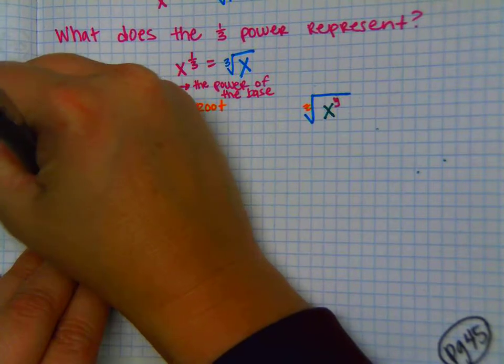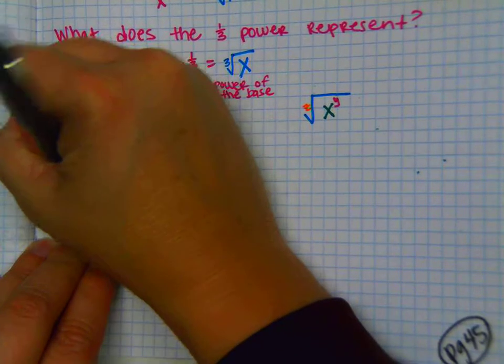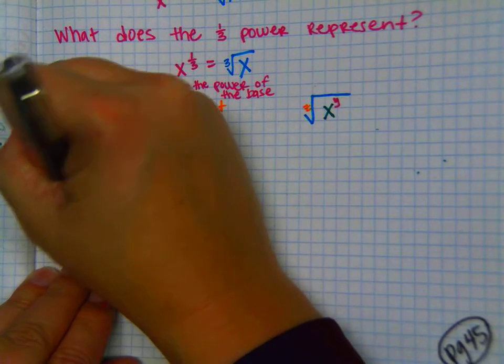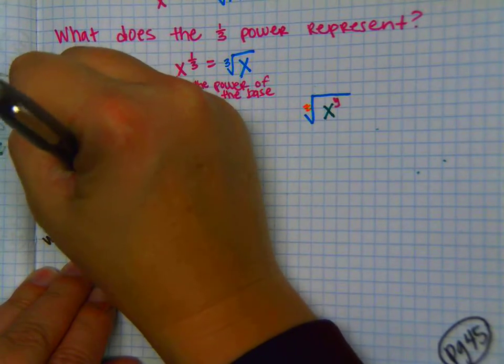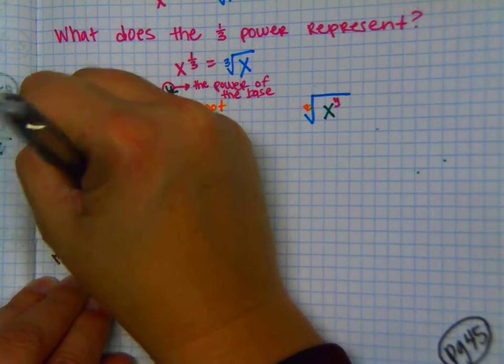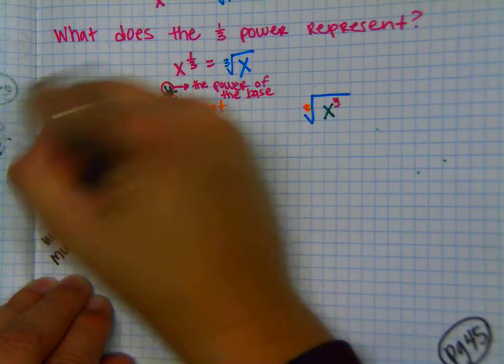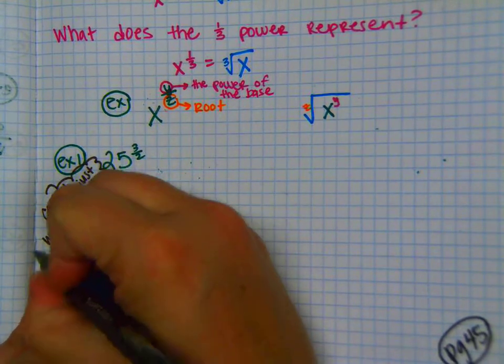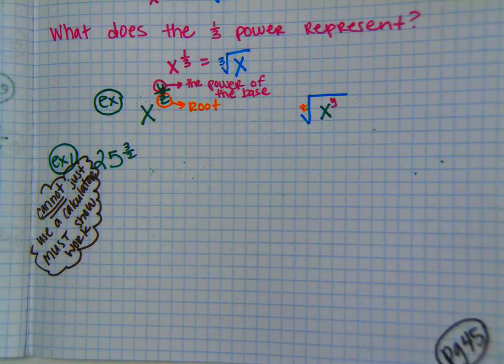Cannot just use a calculator, must show work. If you get a problem that has anything like that in it, you have to show work to show how you got your answer. You can check your answer in that calculator, but you cannot just use the calculator, okay?